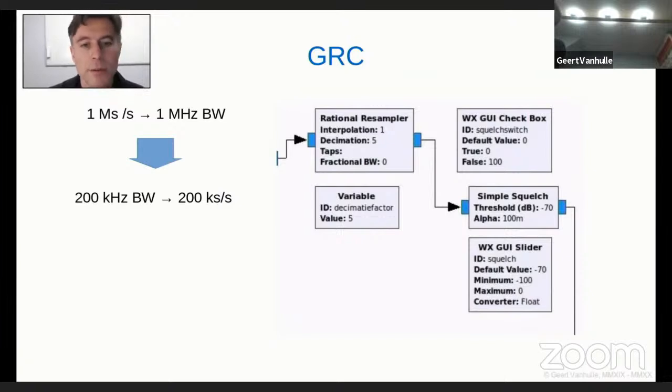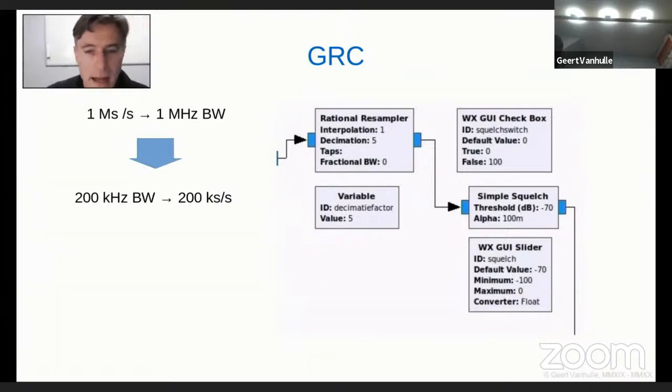So the value of the samples going out will be 0 plus j0, which will produce nothing. But I will have a valid sample stream, so the rest of my flow graph will still be capable of processing it just as it would normally, only it will contain no information.